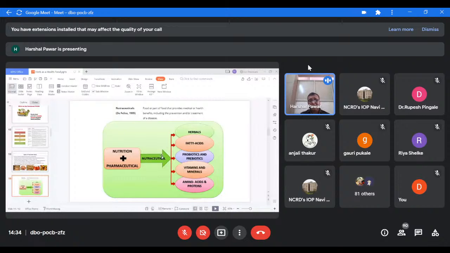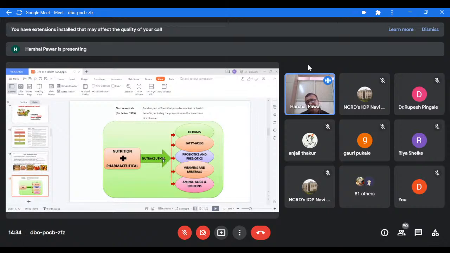So along with the nutritional benefit, they are also contributing some kind of therapeutic benefit, right? And only for such products we can use the term nutraceuticals.